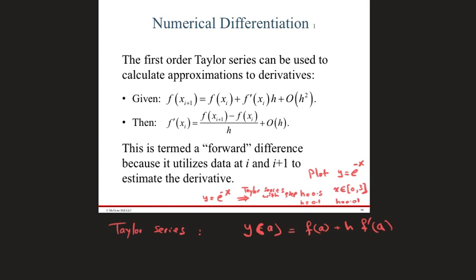This is the first order Taylor series expansion, right? Correct. The first order expansion. And then plot this for a values that start from 0 and go with steps of h, 0.5. And then for h equals 0.1 and for h equals 0.01.